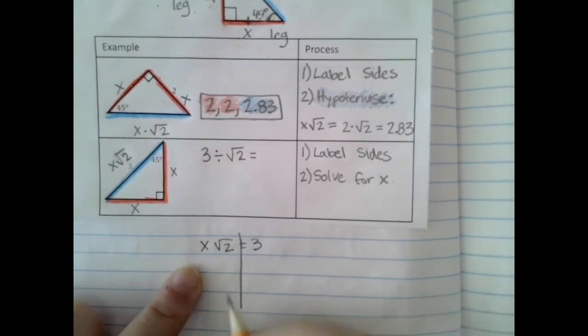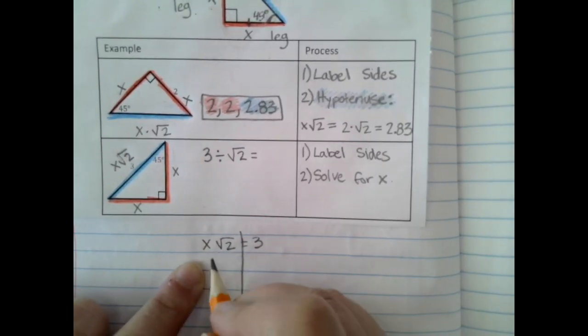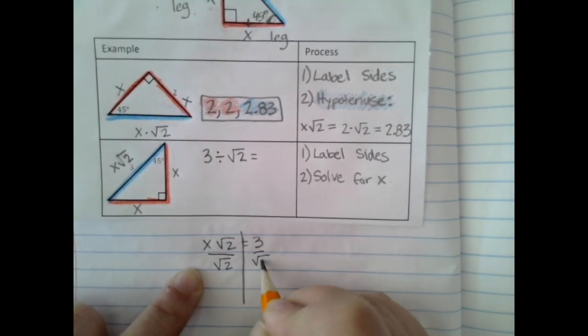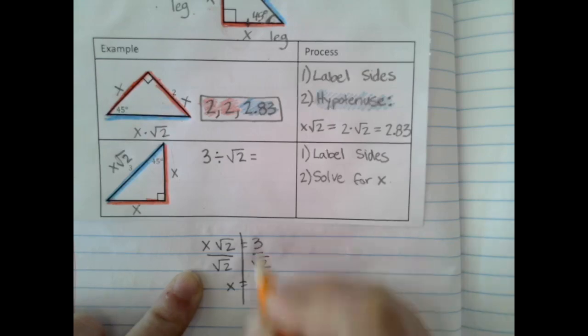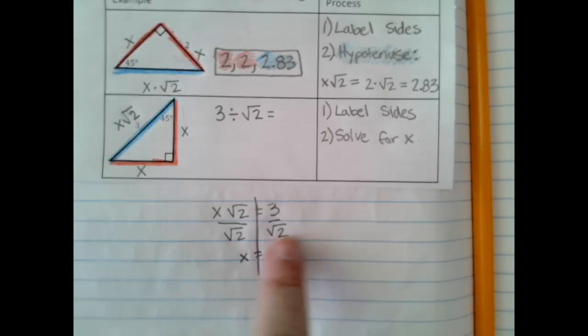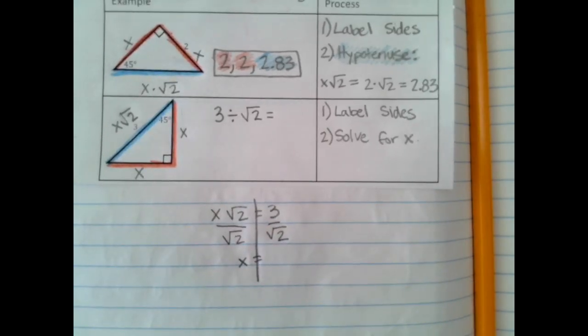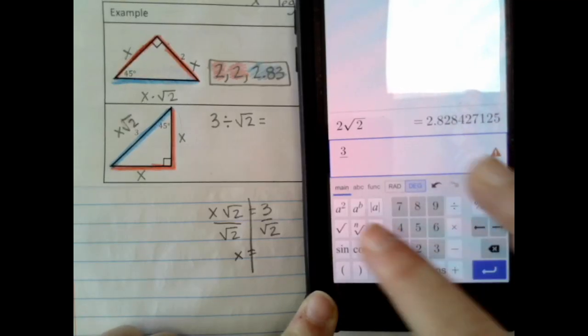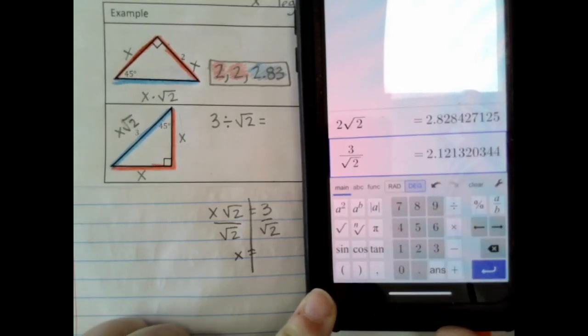And then if you solve that, to undo a multiply by square root of 2, we would divide by square root of 2. So whichever way makes the most sense to you, if you can just do it straight like this, great. If you need to write the equation and solve it, that's great too. We're going to get the same answer, and we're really doing the same thing in our calculator both times. So we have 3 divided by the square root of 2.